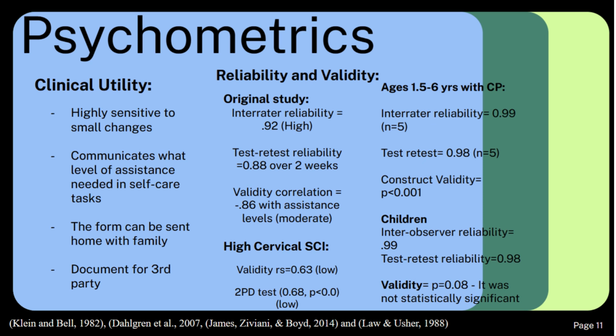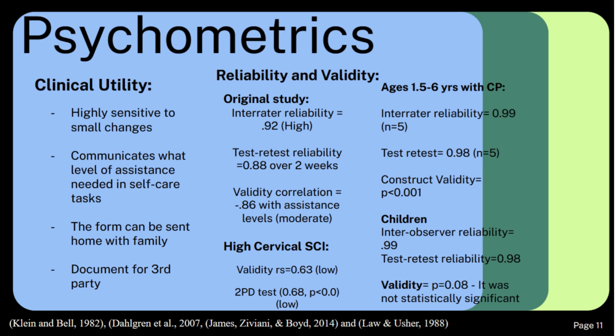The validity correlation for the original study is negative 0.86 with assistant level, which is moderate. The other study I found, which is a high cervical spinal cord injury, the validity equals 0.63, which is low, and the 2-point discrimination test is 0.68, and a p less than 0.05, which is also low.